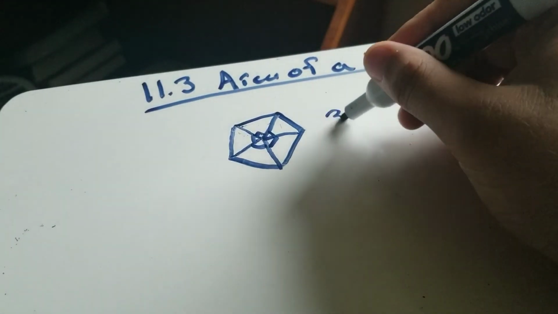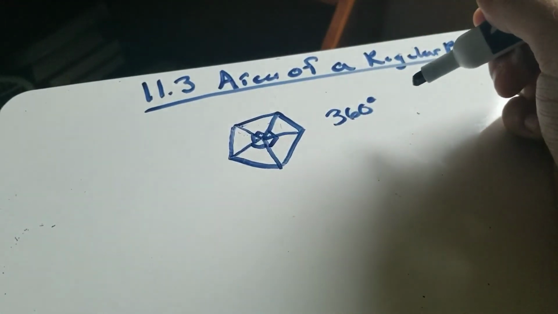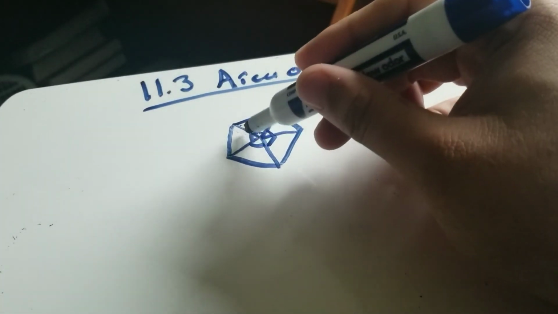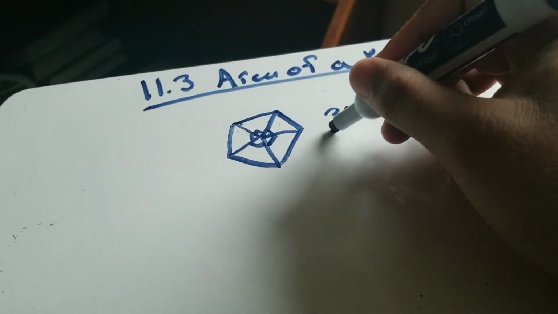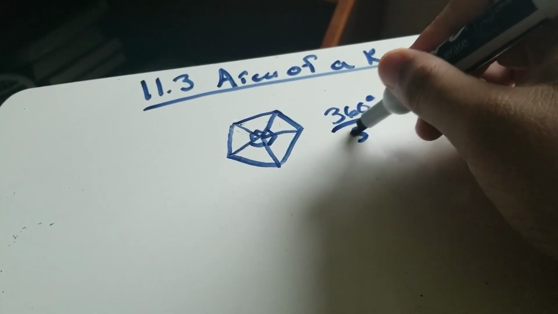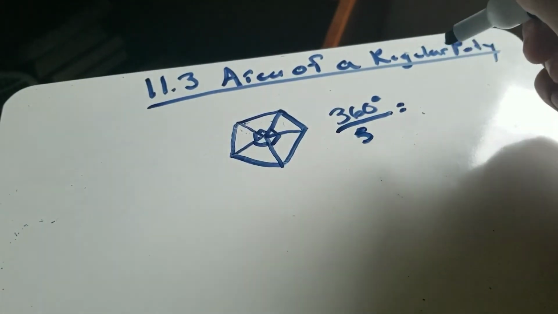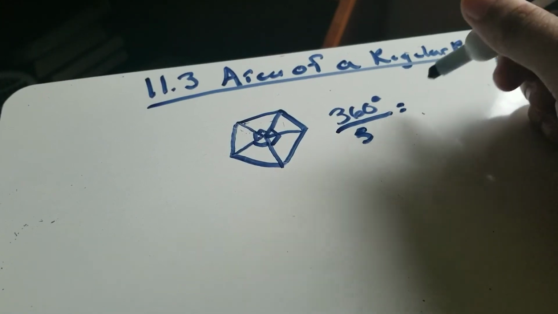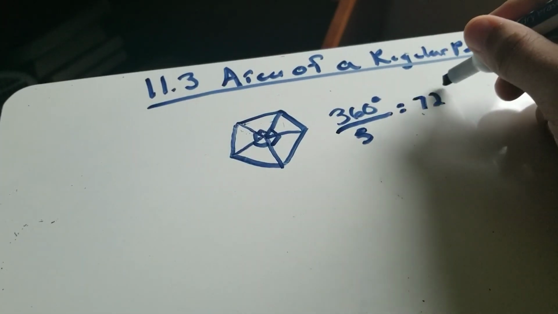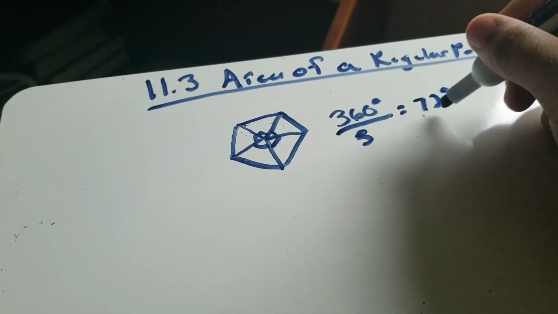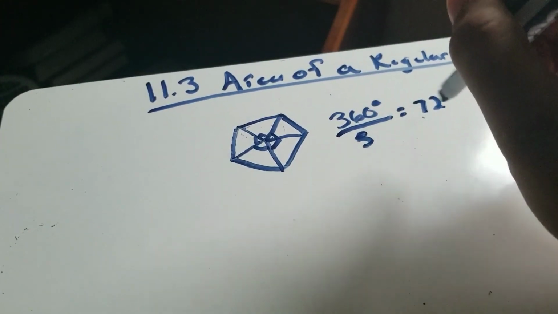Well, we know 360 degrees is a full revolution. And since we got 5 little angles that are exactly the same size, we could divide 360 divided by 5, well, that is 72 degrees. Now, what is 72 degrees? So what does this number represent?